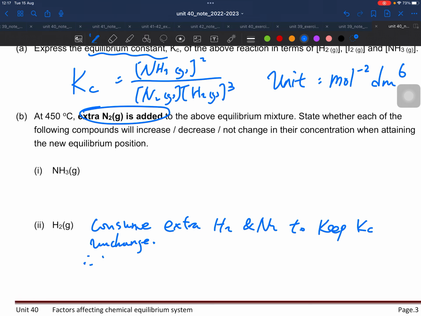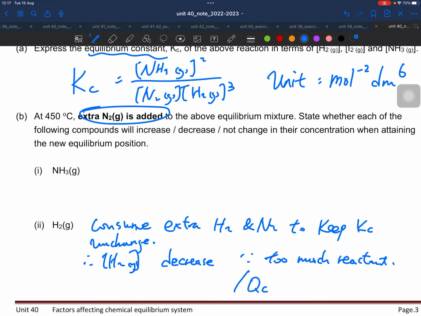So the concentration of H2 will decrease. This is easy to understand because there is too much reactant. Or you may say Qc is less than Kc. It's up to you.